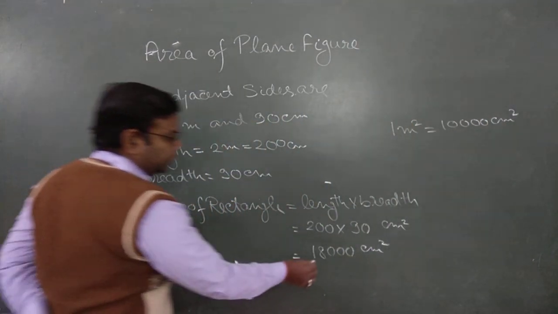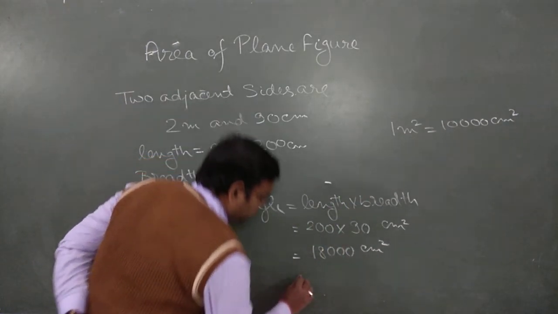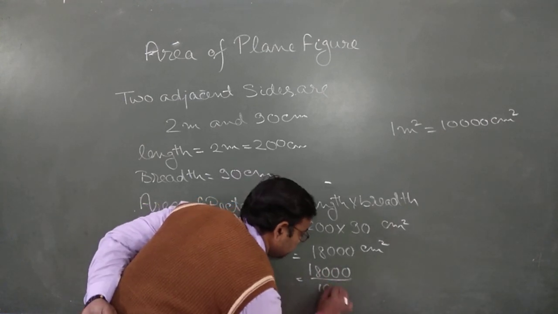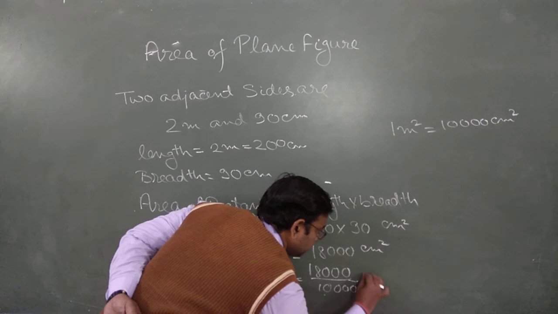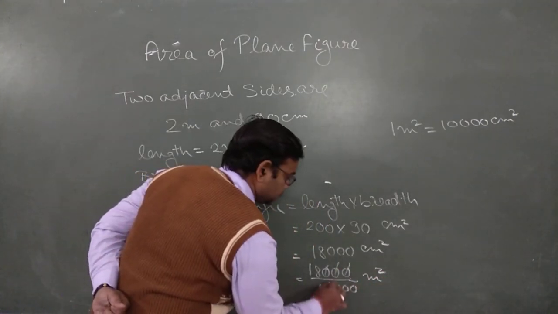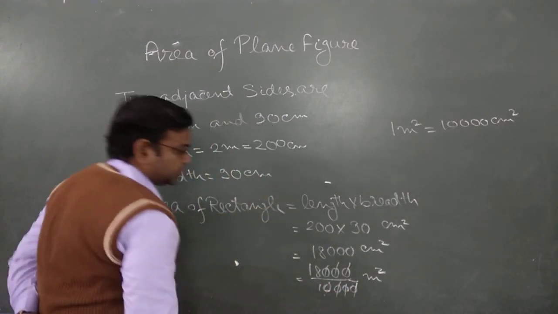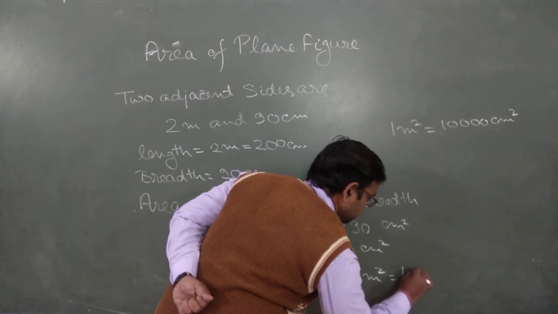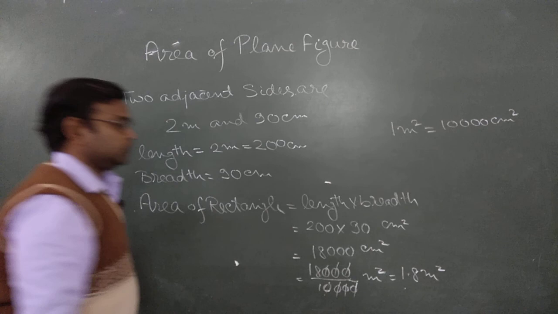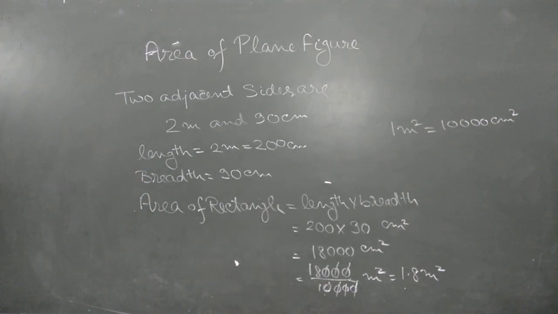So if we divide this by 10,000, we get the answer in meter square. 18,000 divided by 10,000, now you can change the unit to meter square. So it is 1.8 meter square. The answer may be this one, or maybe the other one given in your book, but you have to follow the steps properly. Move to the next type of question.